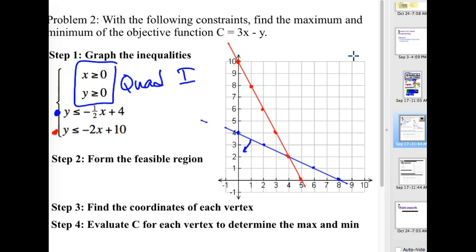All right, shading above or below? Which one? Below, okay.